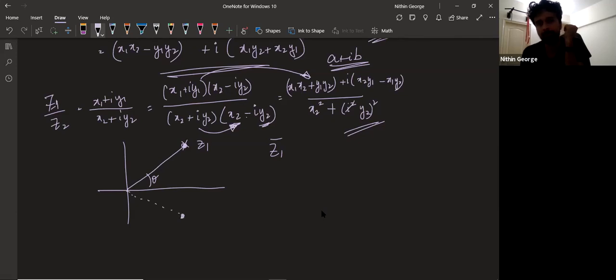Remember, x1 plus iy1 is z1. It's representing the point x1 comma y1, right? And I told you z1 bar, which is the conjugate, will be x1 minus iy1. So that will be represented by the point x1 comma minus y1. You understood why it's symmetrical about the x-axis?